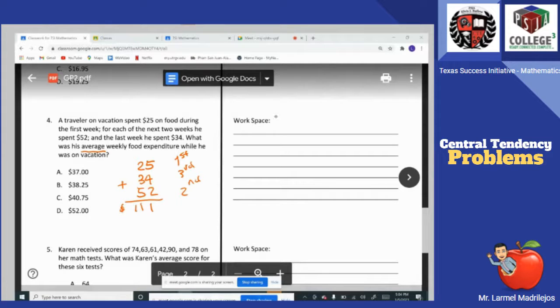Now I'm going to divide that by 3 because we have 3 here. 111 divided by 3 gives me $37. So my answer is letter A.